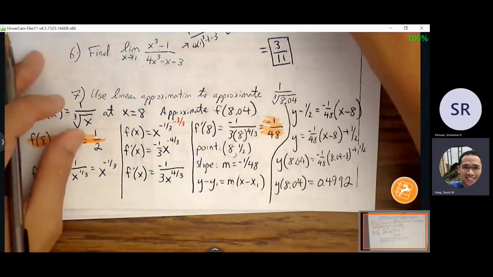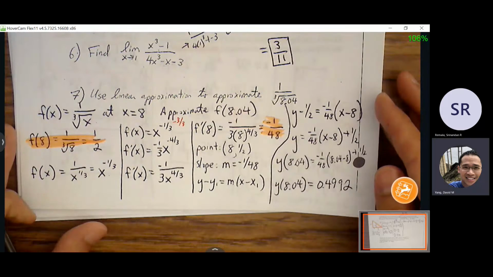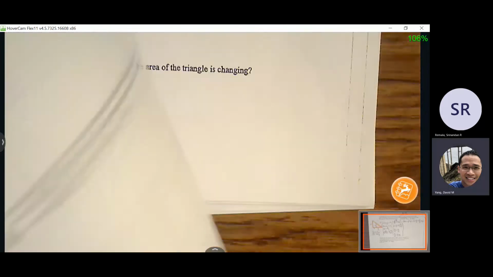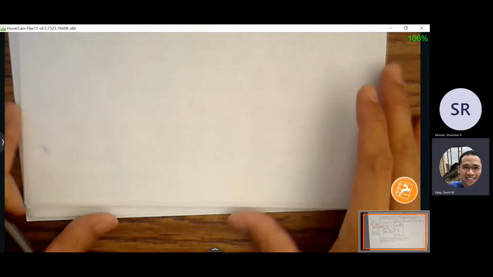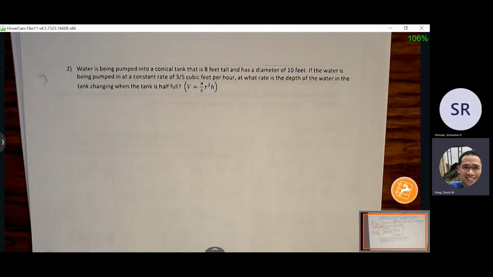Okay, let's do a cone problem. Number 2 on the next page.